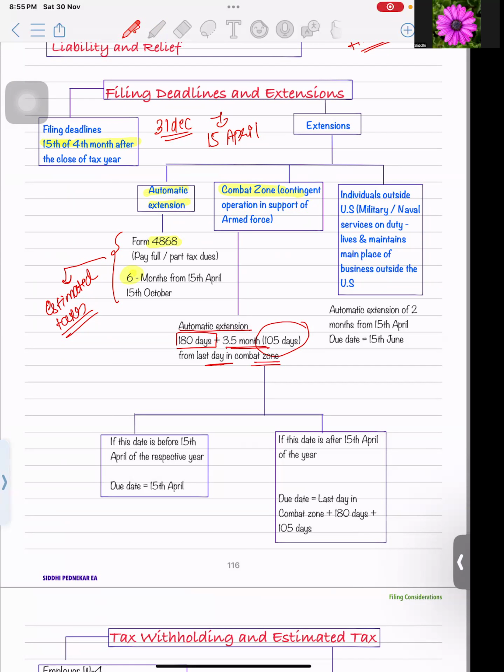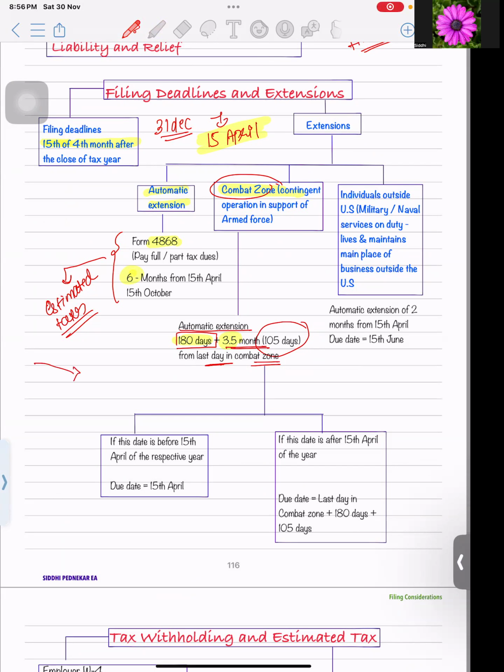Then instead of filing on 15th April, they get an automatic extension of 180 days, along with 3.5 months from the last day in the combat zone. There won't be any question on this, but just remember 3.5 months from the last day in the combat zone.